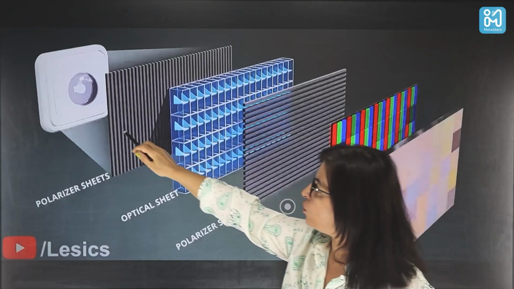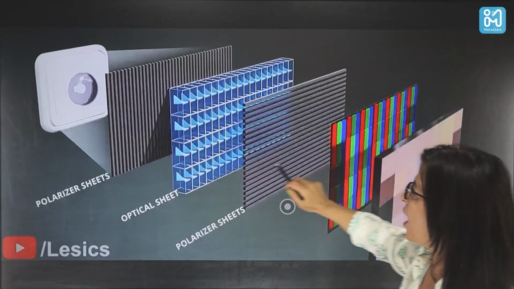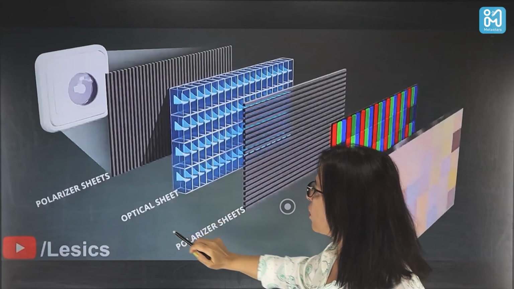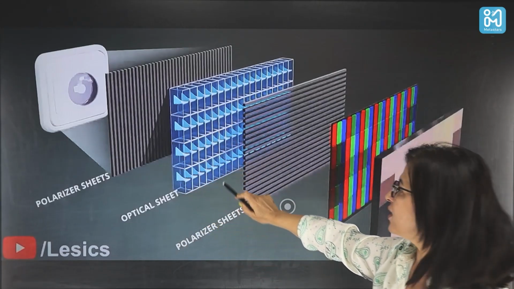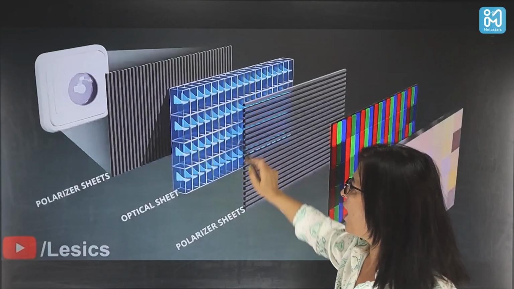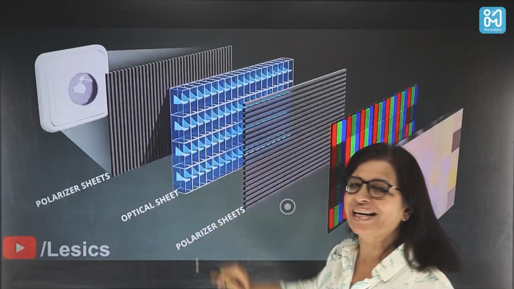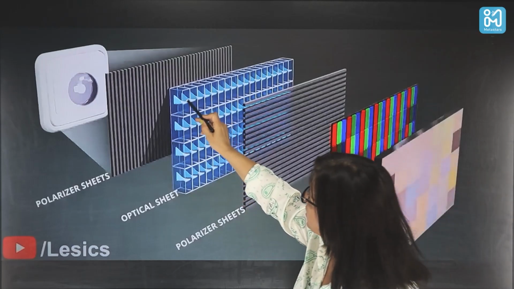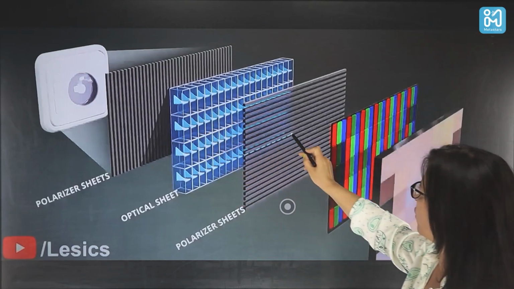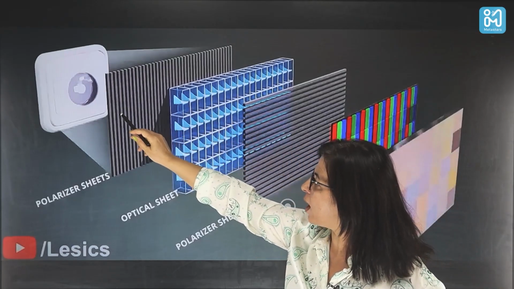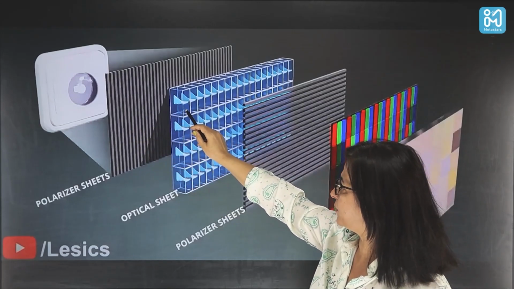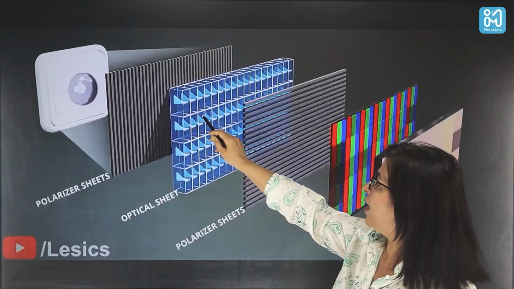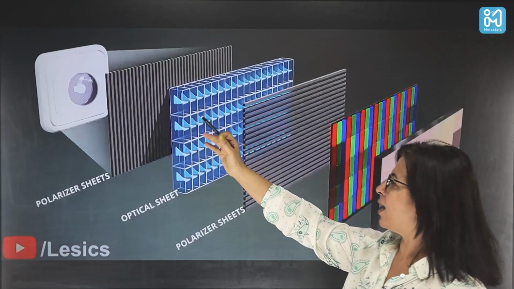To reduce the intensity of light, I will use something called an optical sheet, which is the liquid crystal. Each pixel has a liquid crystal. The light beam will go through this liquid crystal, and it will bend the light.